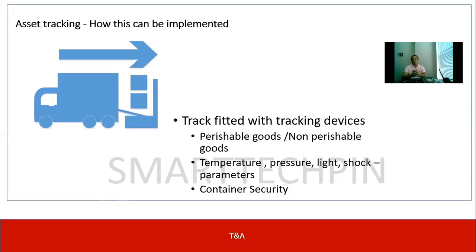The second requirement is typically the shock parameter. There might be items which are fragile in nature. For example, it could be a TV or any other electronic goods which has to be transported with minimum shock, because the truck is always moving.